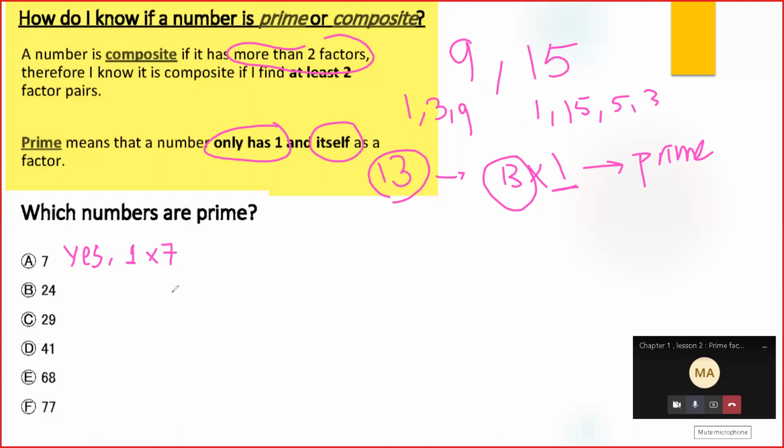24. Is it prime? It's composite. Thank you. What are the factors of 24? What does that mean? Give me two numbers.